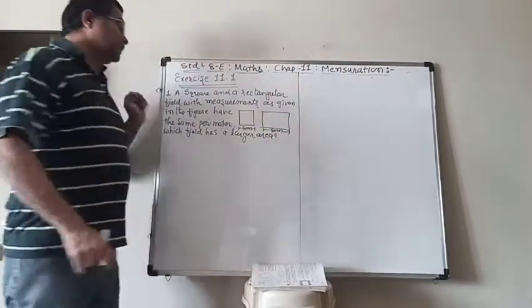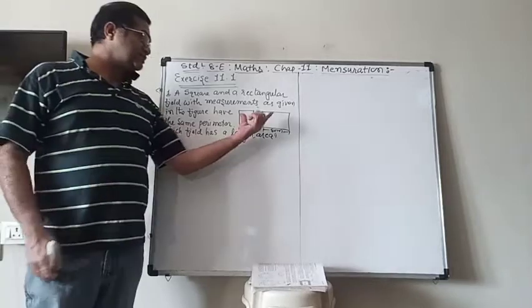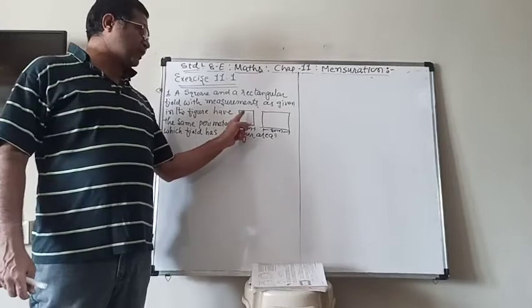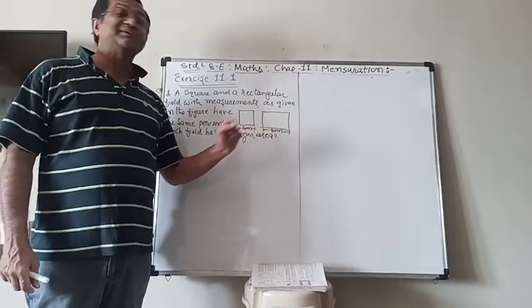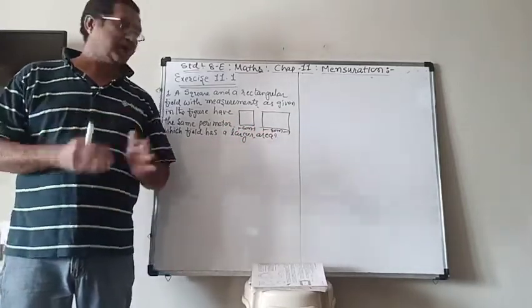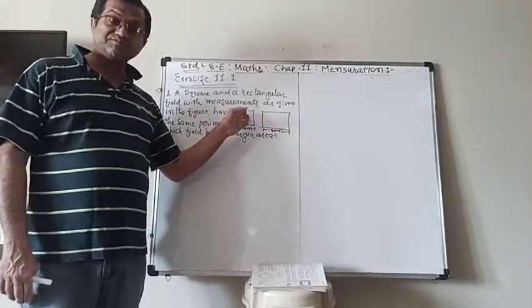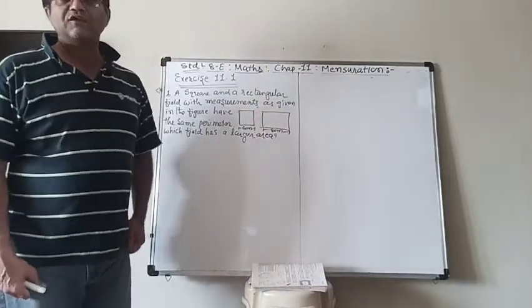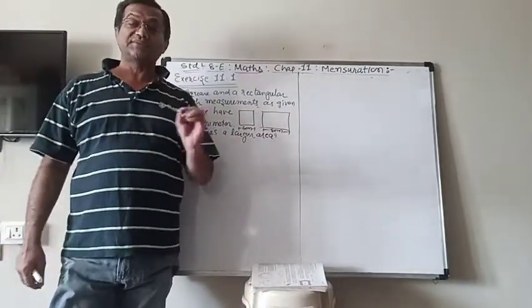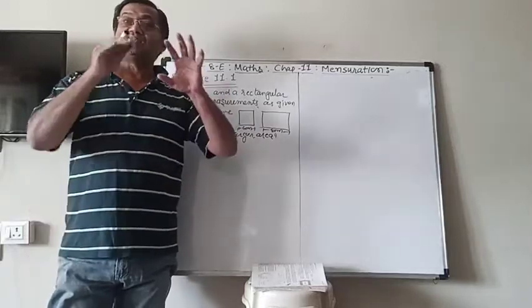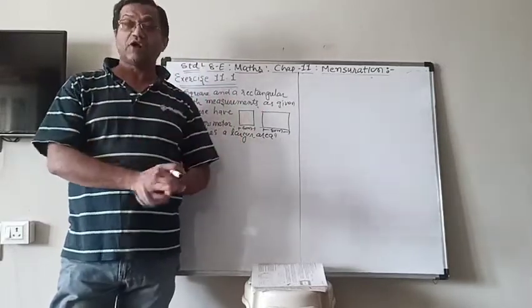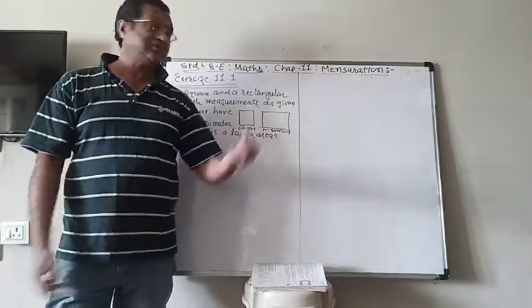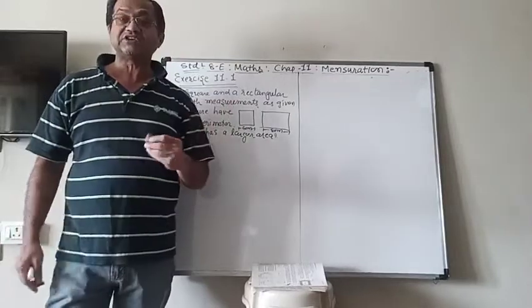Now here it is given that they have the same perimeter. Now we can find the perimeter of the square, but here breadth is not given. So first of all, from the perimeter of the square, we have to take the same perimeter for the rectangle, and we should find the breadth of that rectangular field. And then we have to find the areas of both the square and the rectangle. And then we can decide which field has a larger area.